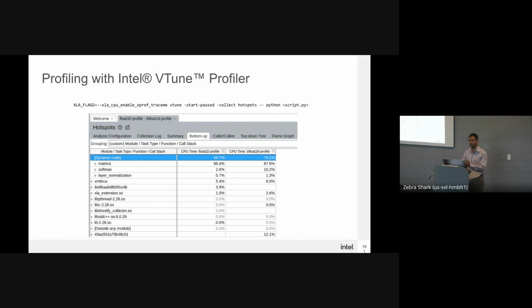Softmax also got a speedup because the memory bandwidth was reduced, and layer norm as well. On the right-hand side, you can see that some proportions have increased and some have decreased. Overall, we saw a 6x improvement over float32. By analyzing this kind of profile, we can point out the hotspots and attempt future optimizations.